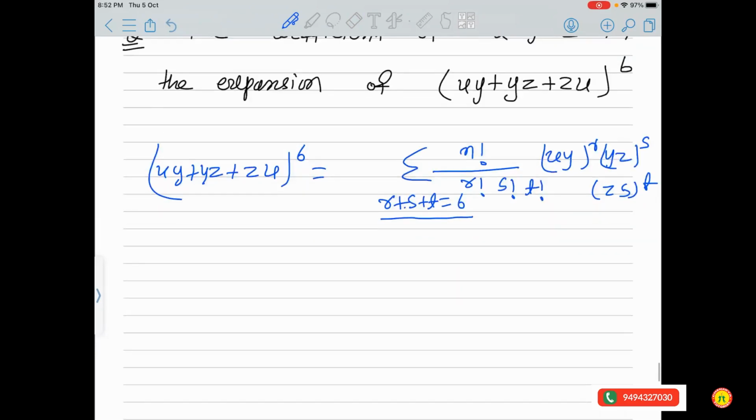Now if you expand this, x power r and x power t give x power r plus t, y power r plus s, and z power s plus t.